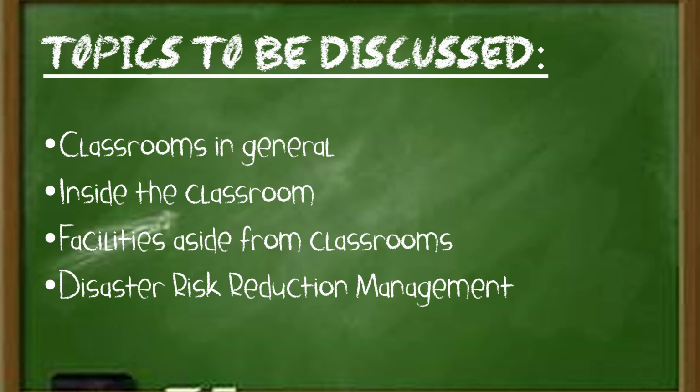Classrooms in general. 2. Inside the classroom. And 3. Facilities aside from classrooms. Engineer Lisiges will then follow, and he will be discussing the 4th point on the list, which involves disaster risk reduction management.